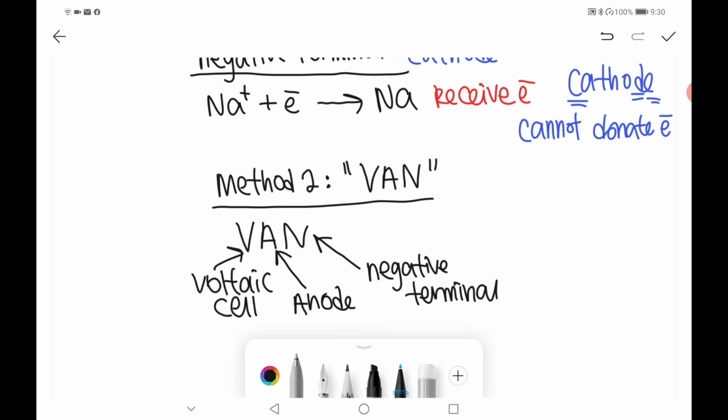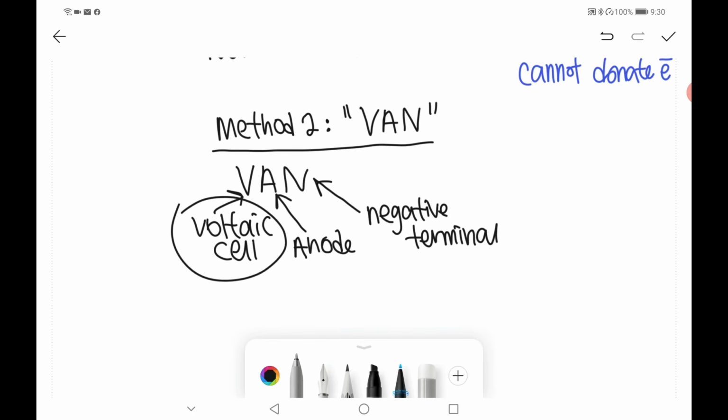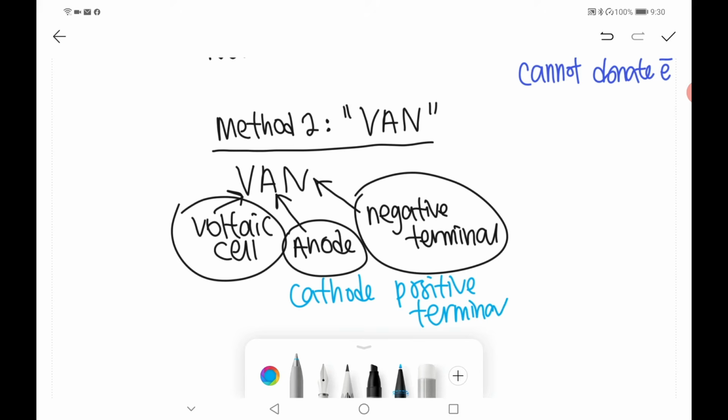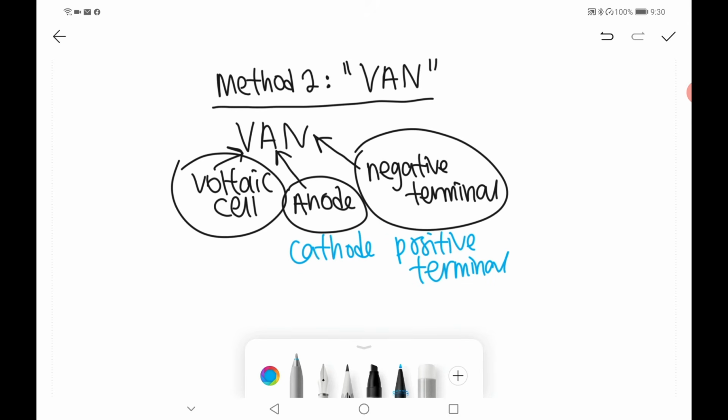Very simple one. In Voltaic Cell, the anode is the negative terminal. So then the rest you can predict already. Your cathode will be your positive terminal. This is for Voltaic Cell.